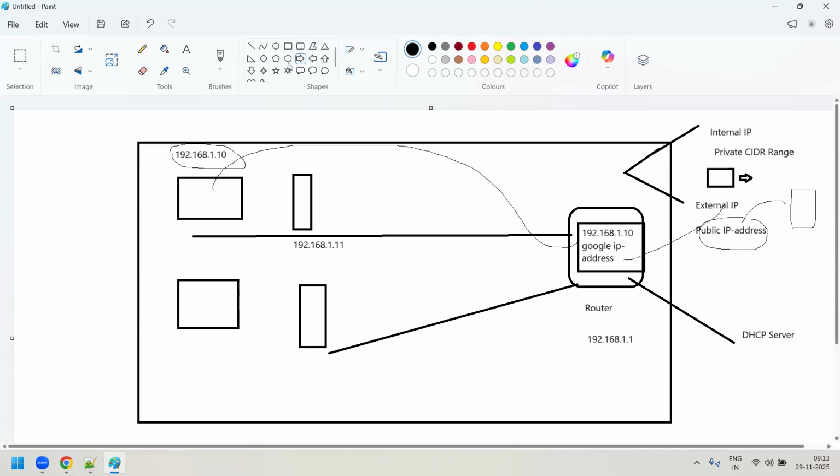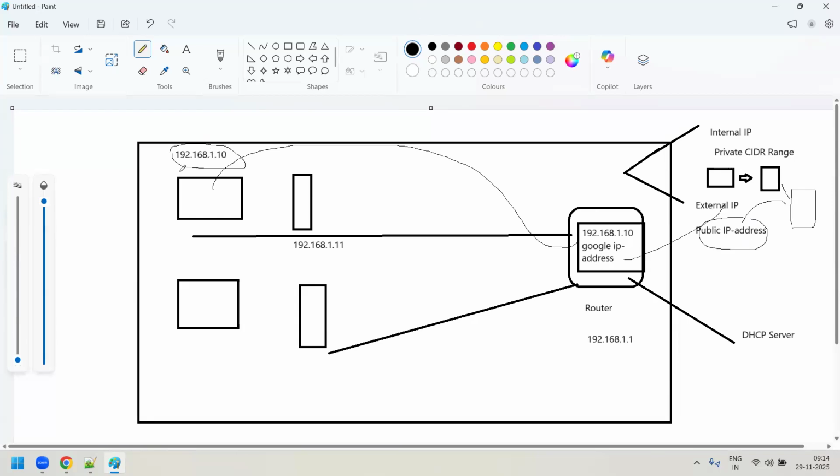It will keep sending to the next router, next router, until it reaches the server which has the public IP address of the google.com page. So within your network, you communicate with your own private IP address only. But as soon as the packet leaves your router, a public IP address has to be attached.